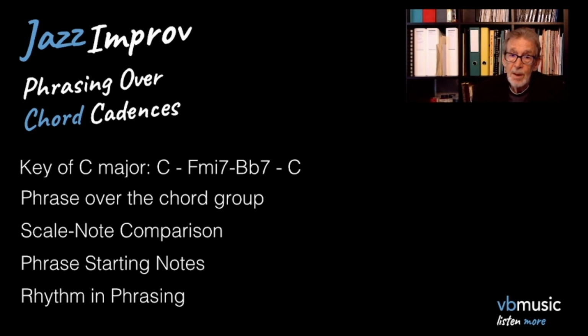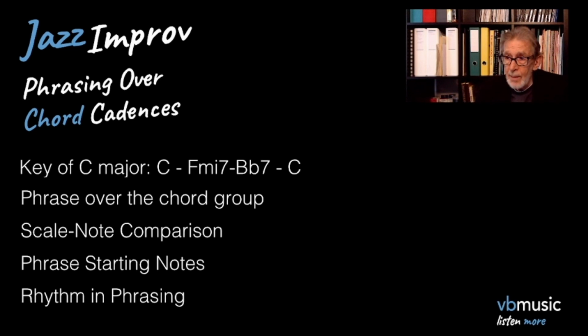Then we come to C minor 7 flat 5, F7 flat 9. That's definitely a chord of tension. Resolve to B flat minor 7, and then to E flat minor 7. A flat 7 again. There's your chord of tension. Resolution, D flat major 7.